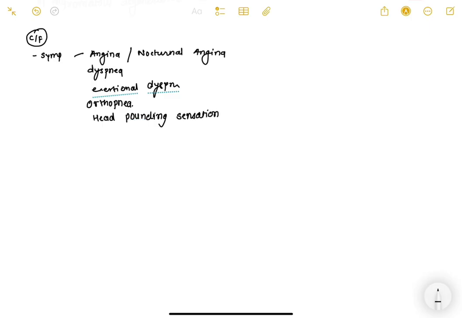So these are the typical symptoms that will be presented by the patient.